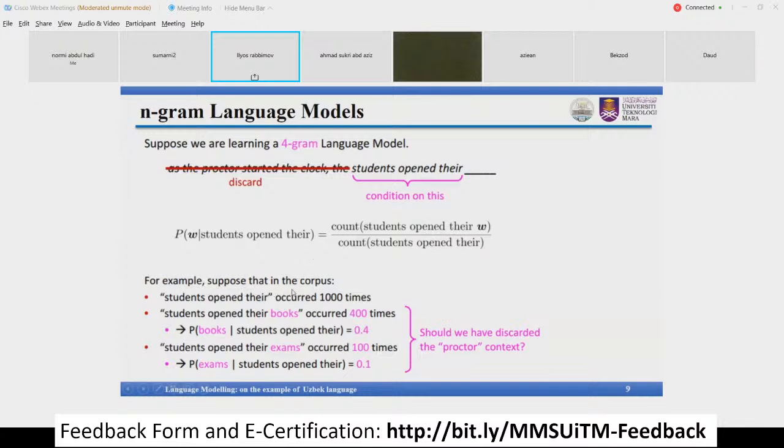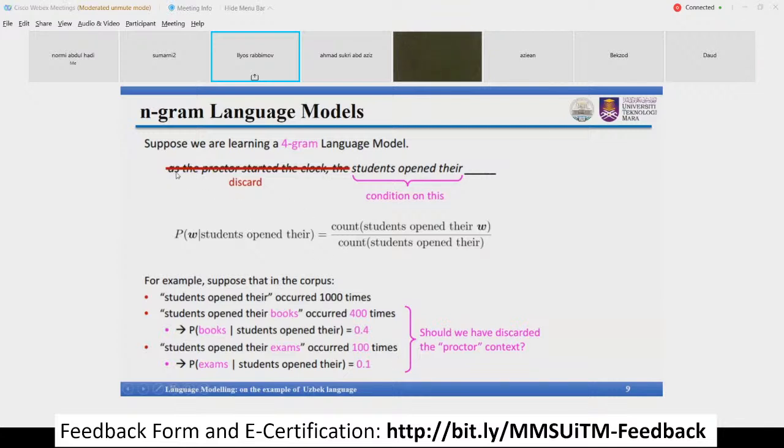For example, suppose that in the corpus students open there occurred 1,000 times. Students opened their books occurred 400 times, so the probability of books is 0.4, and students opened their exams occurred 100 times, so the probability of exams equals 0.1.